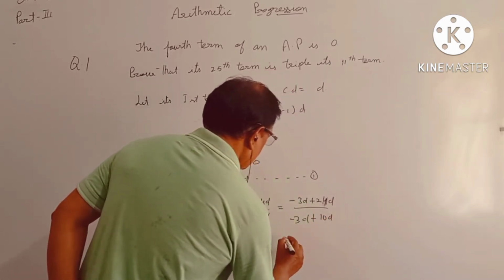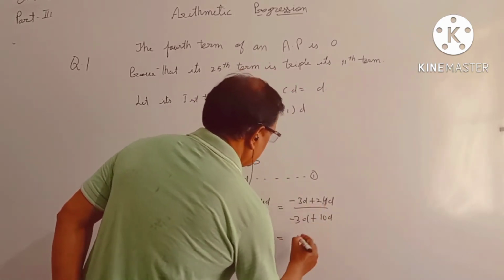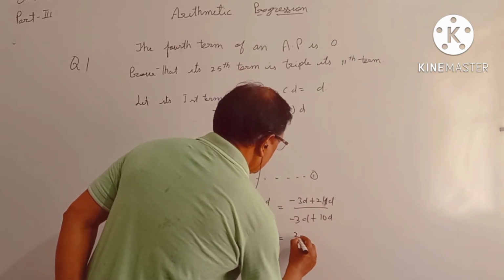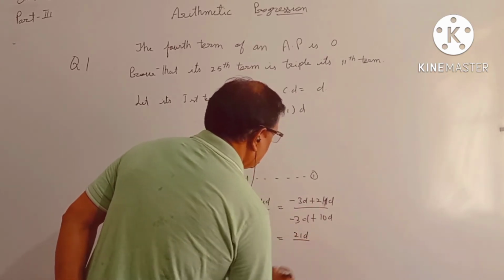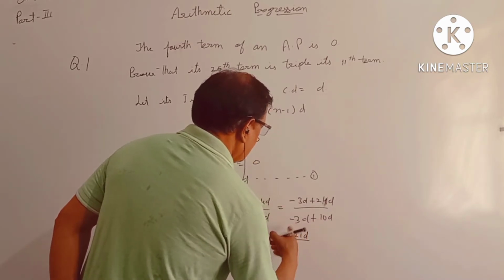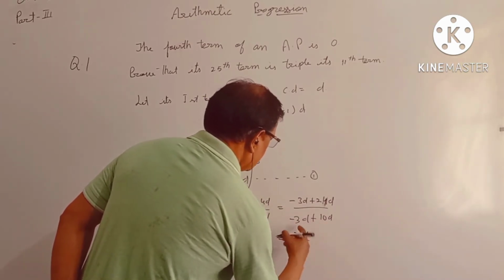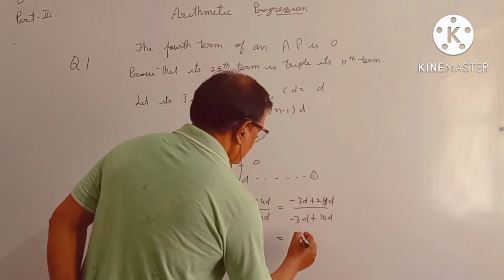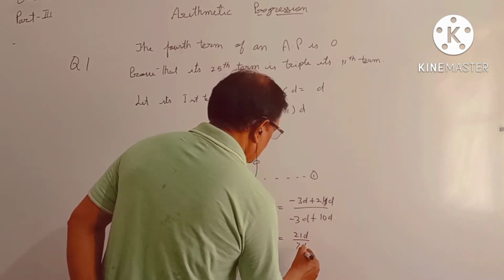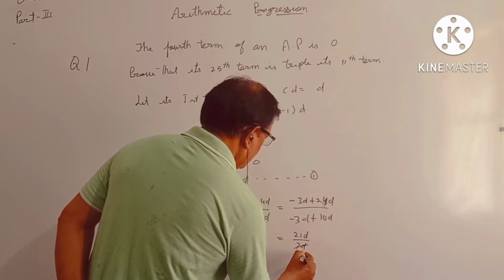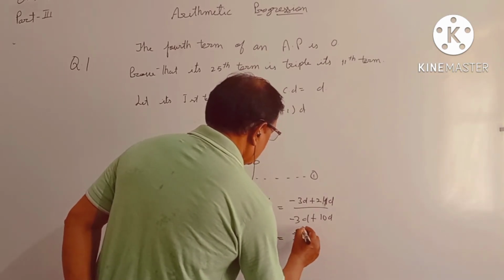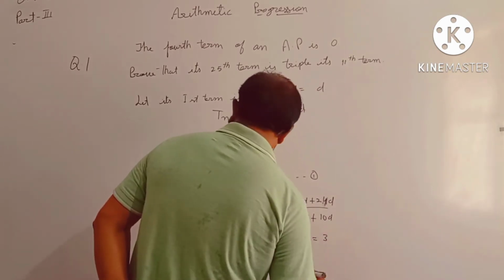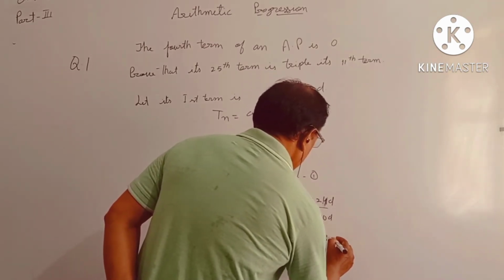Now we write here 24 minus 3, it will be 21D, and 10 minus 3, it is 7D. As we know, 7 ones are 7, 7 threes are 21. So we cancel 7, and it is 3.